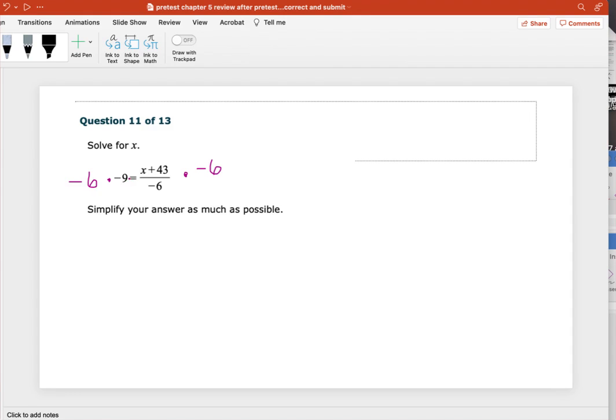Negative 6 times negative 9, negative times negative is a positive 54, equals, oh, that didn't write right. And now, since I'm getting rid of the negative 6, I'm just going to have x plus 43. I'm going to subtract the 43 from both sides.